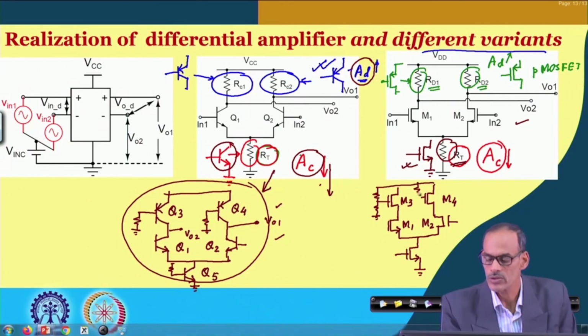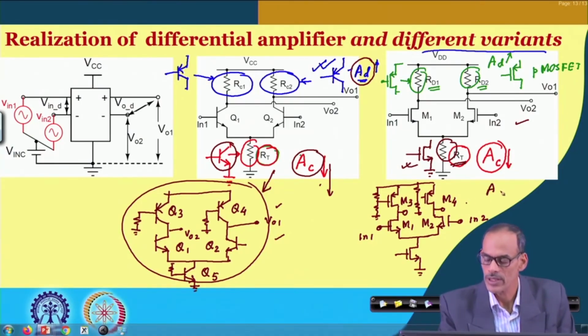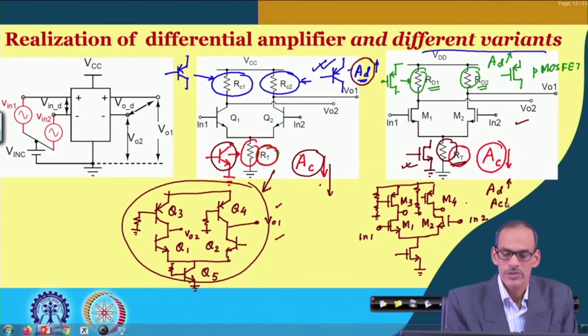Same thing here also, these are PMOS transistors, and you can get one output here, another output here, and this is In1 and this is In2. Again, this circuit will have better AD and lower AC. So, that is how you can derive different variants.